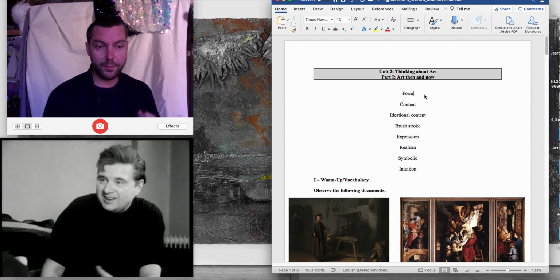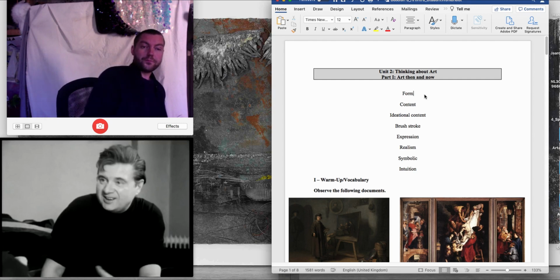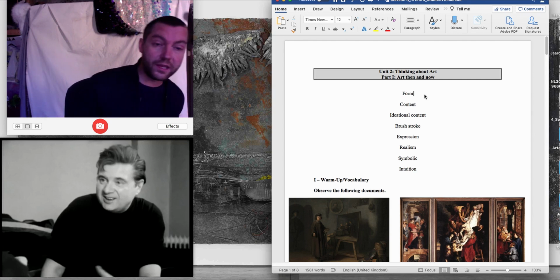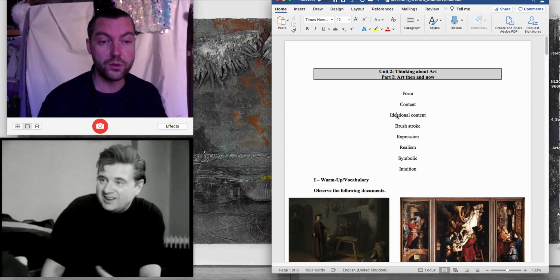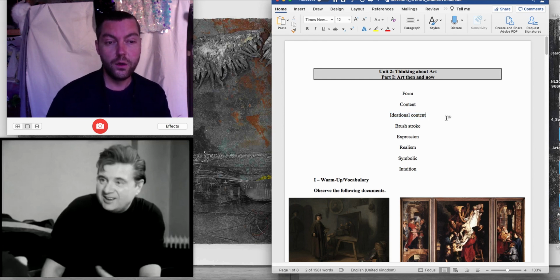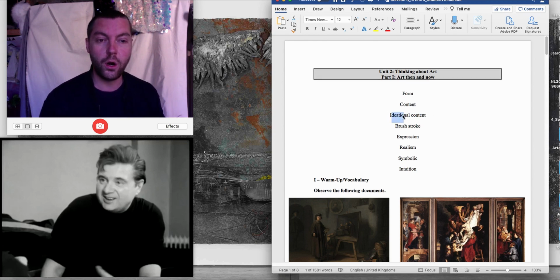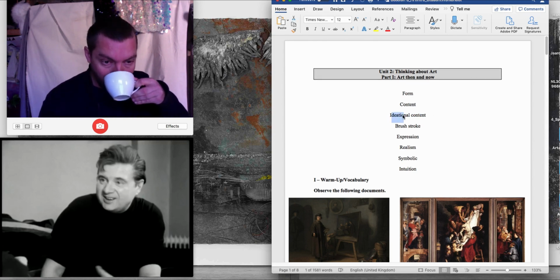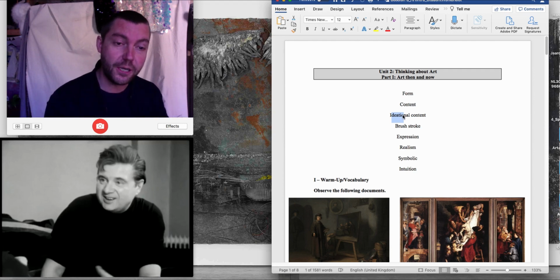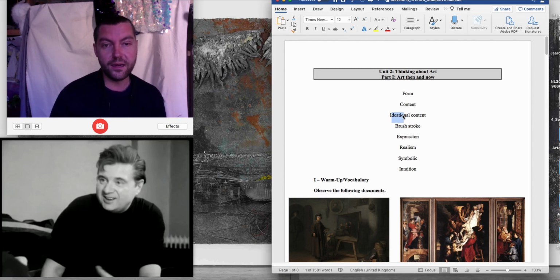So we'll be thinking about this relationship between form and content, and the way that it expresses. And here we can talk about the ideas, or what I like to call the ideational content. So the content which is not just the subjects or the figures or the shapes, but the ideas that are also in the artwork.